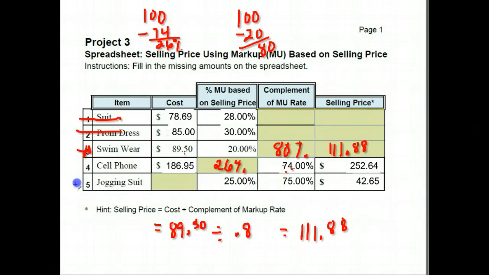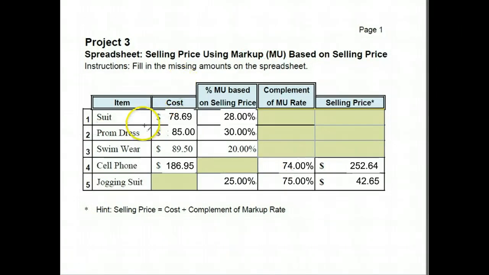Okay, and we just have that one last line left. We get one more clean sheet to do that on. And let's find, we are asked to find the cost when we know the markup based on the selling price, we know the complement, and we know the selling price.